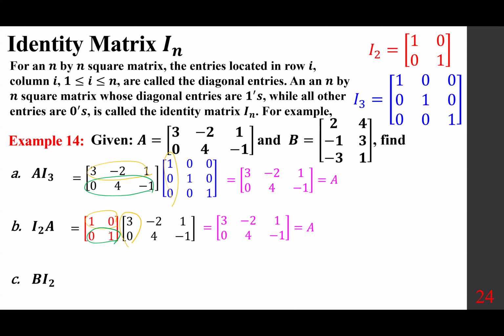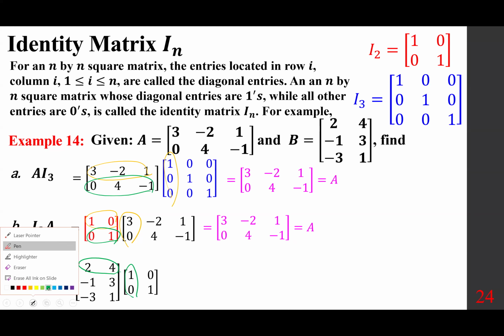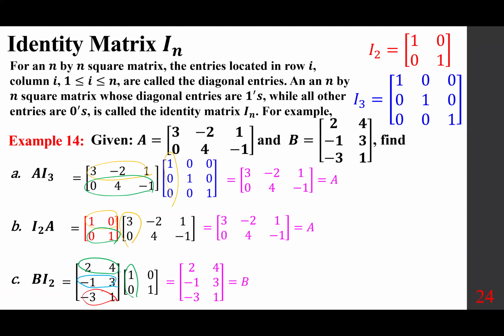I2 means a 2 by 2 matrix, which is an identity matrix. If you multiply these two, you get 2 times 1, 4 times 0, which is 2. You multiply these two, you get negative 1 times 1, 3 times 0, which is negative 1. If you multiply this one, you get negative 3 times 1, which is negative 3, 1 times 0. So you get negative 3. So the first column is the same as the first column for B. And if you continue, you get the B matrix.